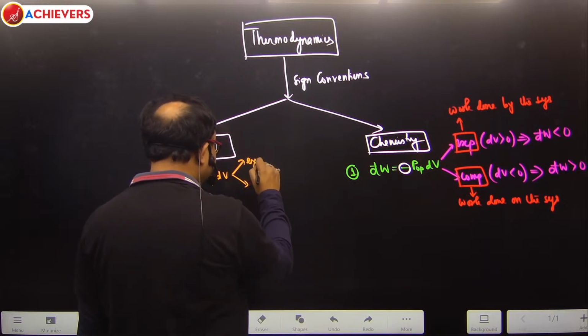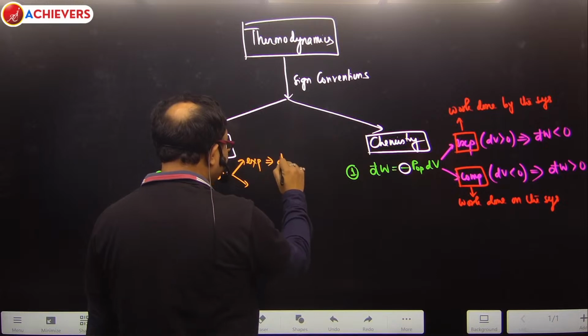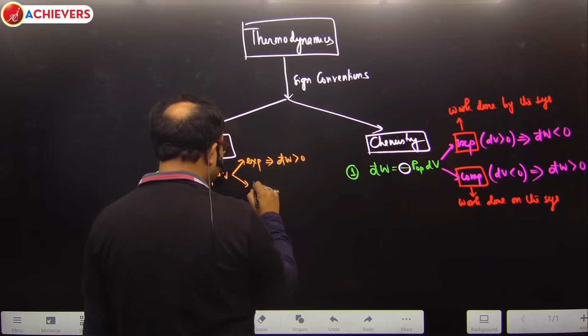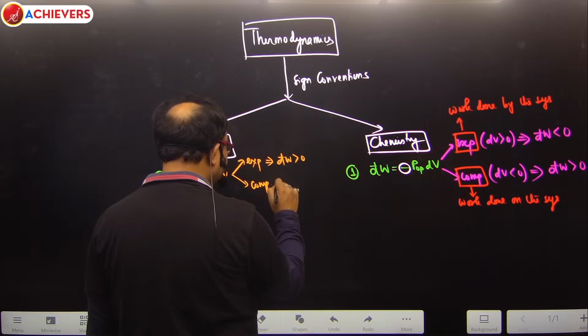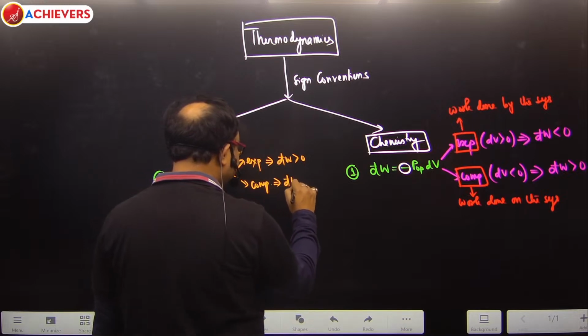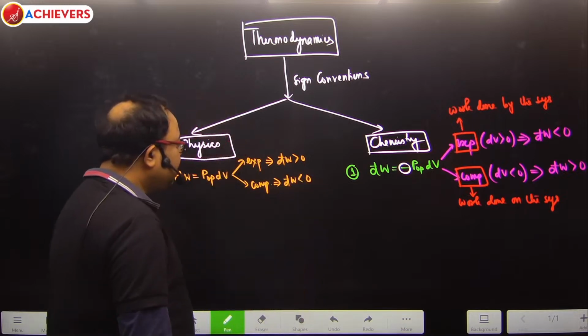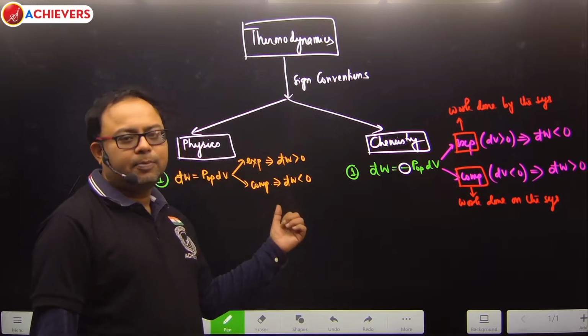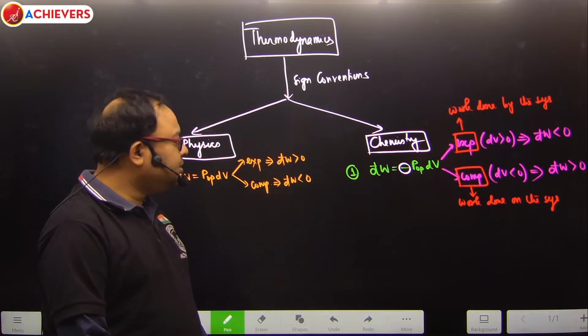Here for expansion, d cut W is positive. For compression, d cut W is negative. So work done on the system is positive and work done by the system is negative.